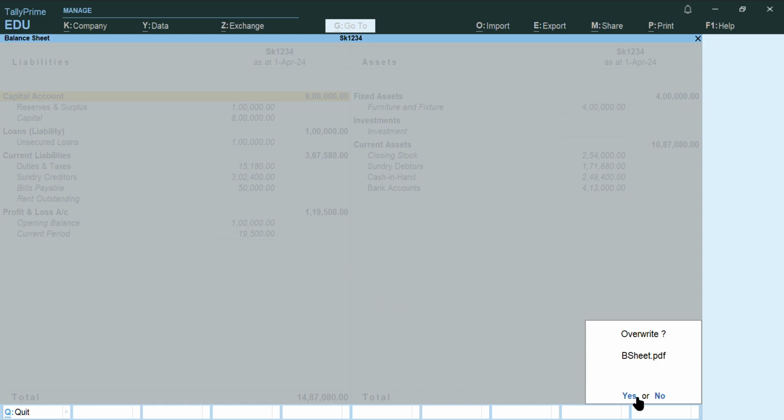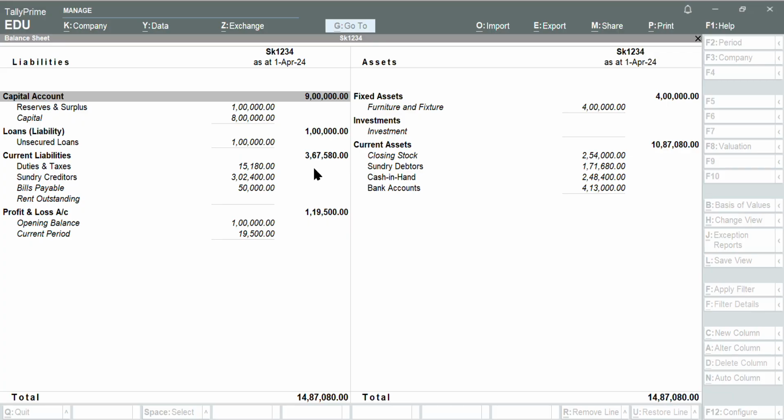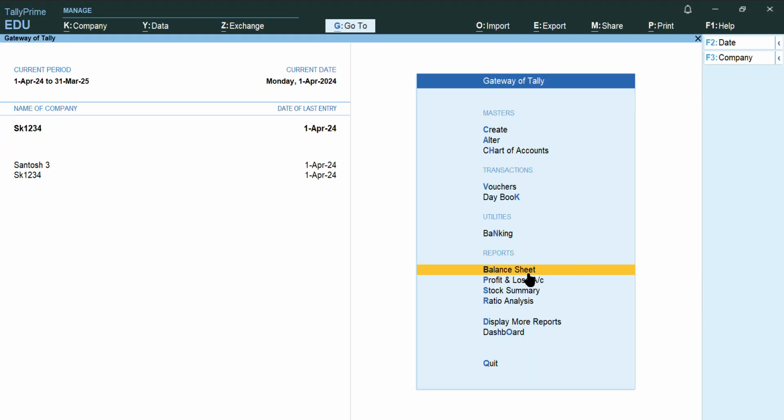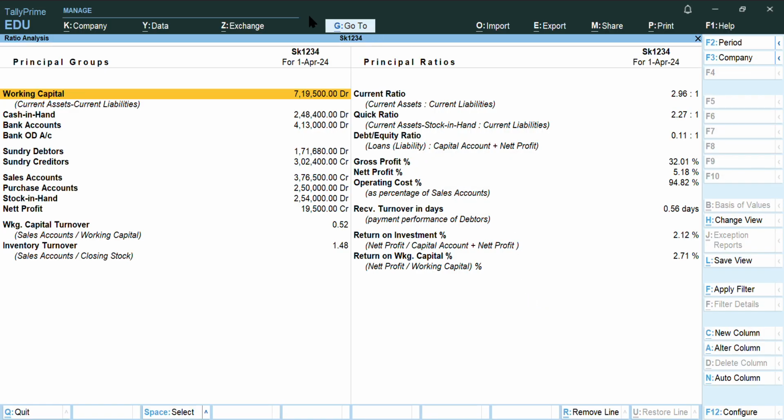Export, override balance sheet. Actually, in this system, I had already exported one balance sheet of a question, so it has been exported. You see, this is how the file is going to appear. Okay, now let us come back to this. Escape. Now suppose you want ratio analysis. Now this is the statement of ratio analysis. How to export it?